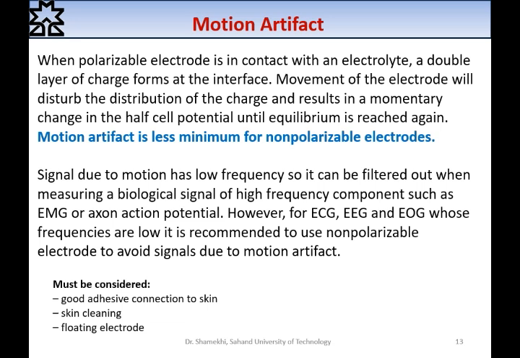As you can read, when a polarizable electrode is in contact with an electrolyte, a double layer of charge forms at the interface, as I showed you in the previous slide. Movement of the electrode will disturb the distribution of the charge and results in a momentary change in the half cell potential until equilibrium is reached again.